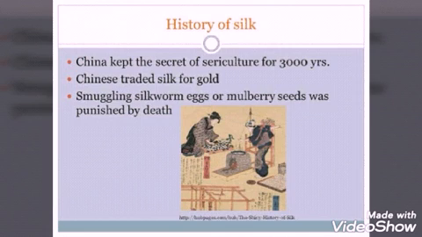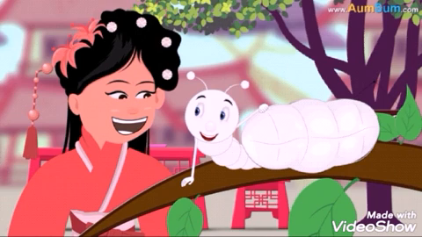In the history of discovery of silk, it was written that a Chinese emperor Huang Tai wanted to know the cause of damaged leaves in the mulberry trees grown in their garden, and he asked the empress Sai Lang Chai to find out the reason. The empress found little white worms eating the leaves, and she also noticed they were spinning shiny cocoons around them.